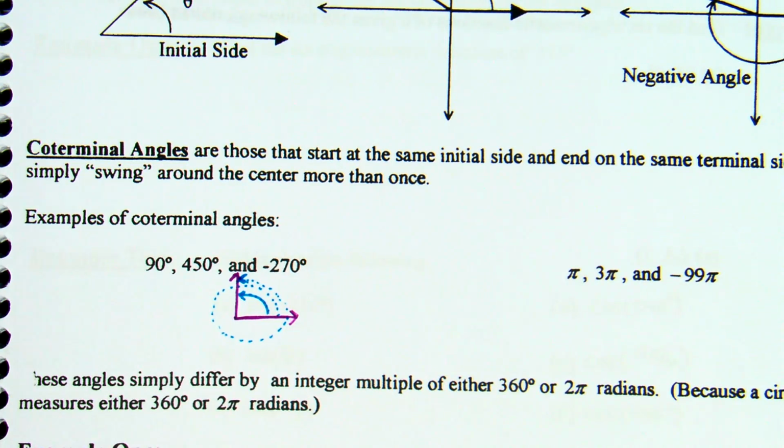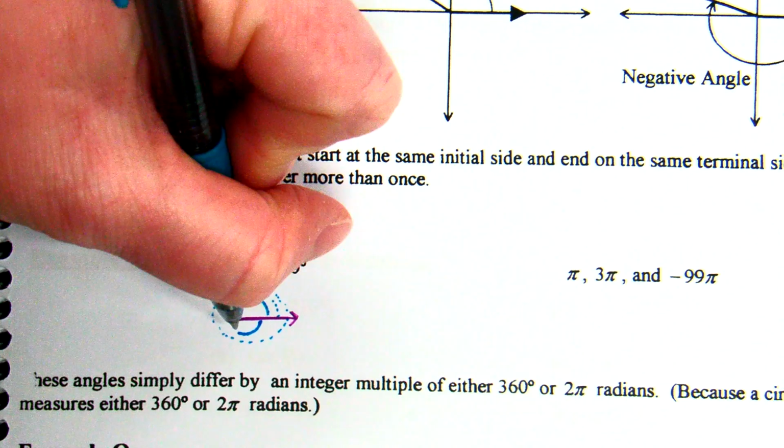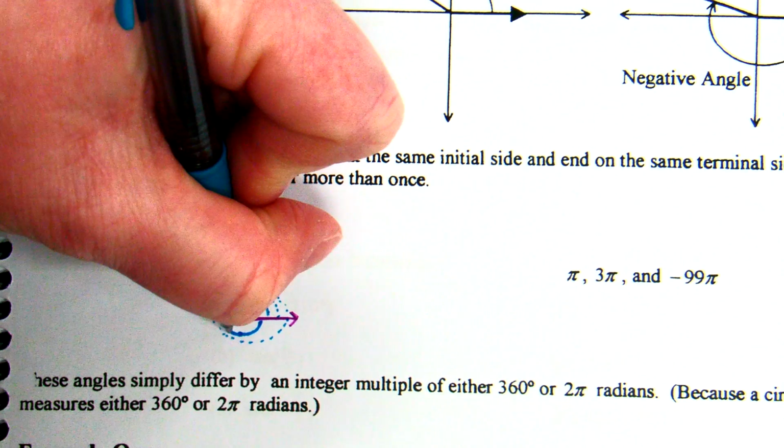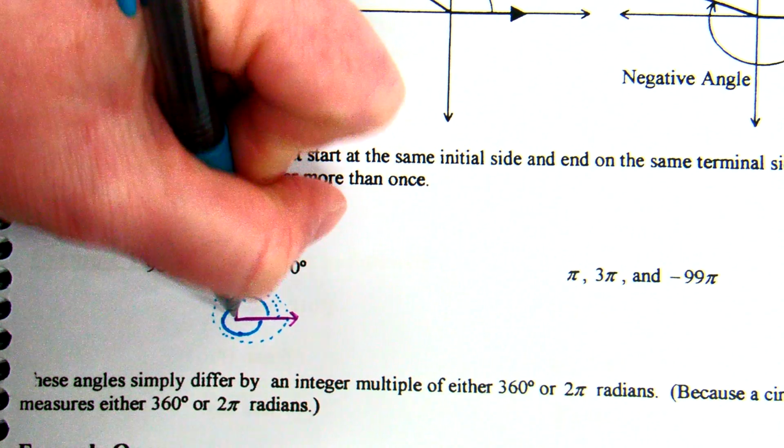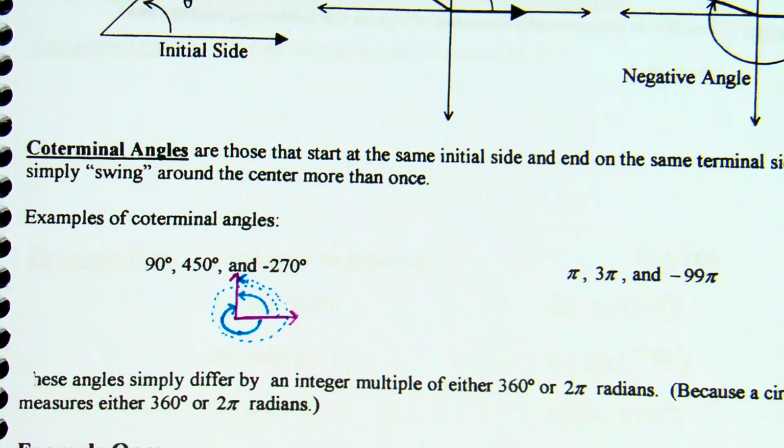So as I go down, I'm first at negative 90. As I come over here to the horizontal, I'm at negative 180. And then where are we at? Negative 270. Does that make sense? If we think in terms of quarters, 90, 180, 270.